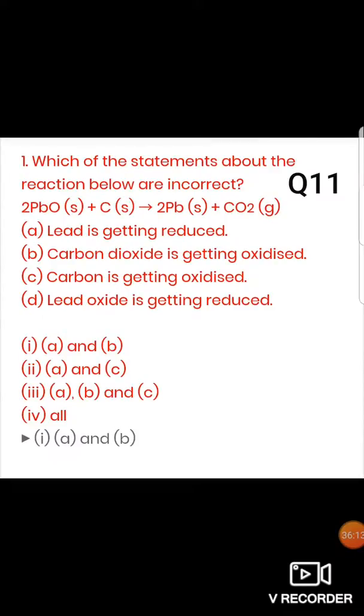Which of the statements about the reaction below are incorrect? PbO plus C gives 2Pb solid plus CO2 gaseous. Lead is getting reduced, carbon dioxide is getting oxidized, carbon is getting oxidized, lead oxide is getting reduced.